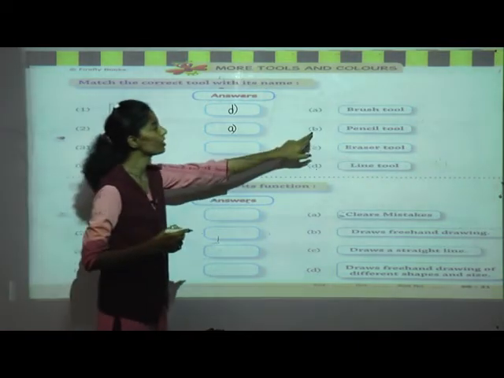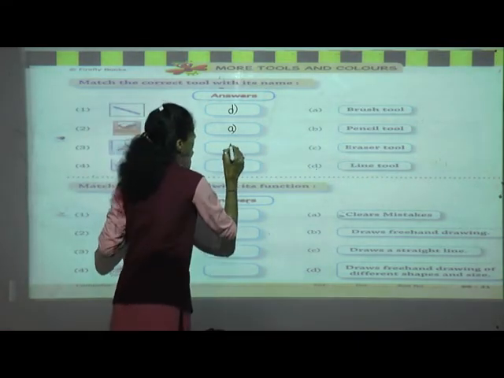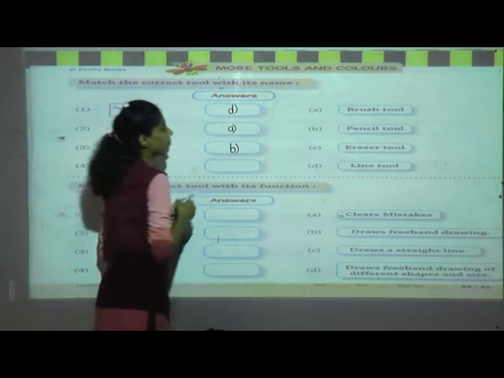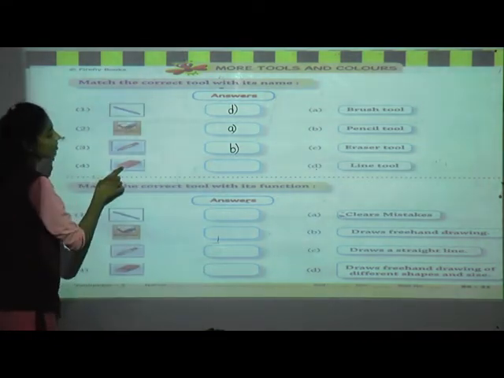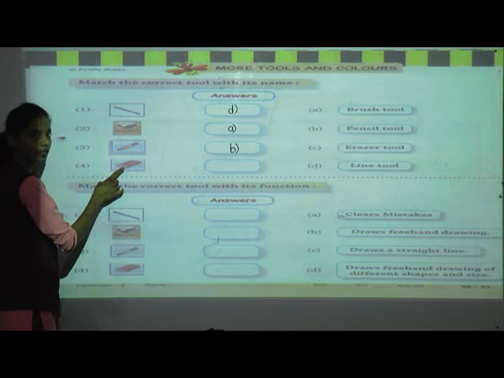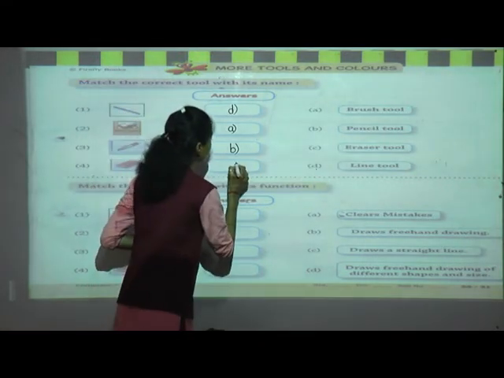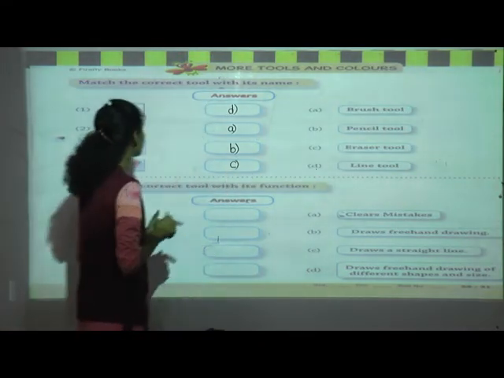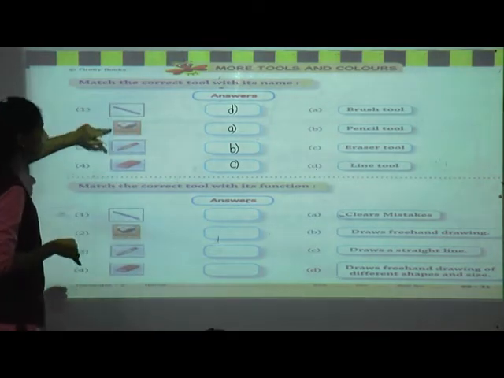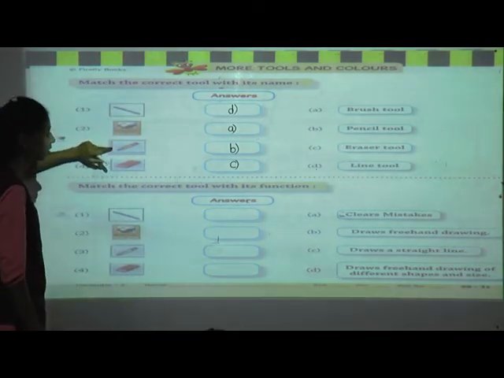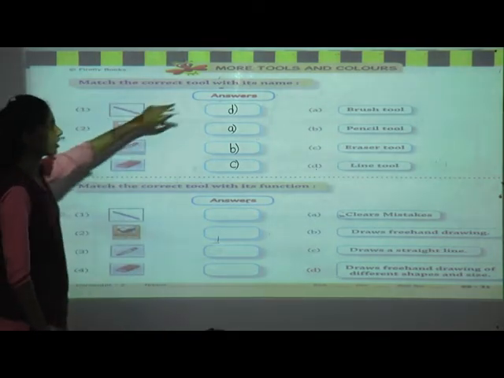Then which number is it? B. Then we will write here B. Next one, which picture is it? Eraser tool. Nice. Then it is C. Line tool, brush tool, pencil tool, eraser tool. Write this down fast.